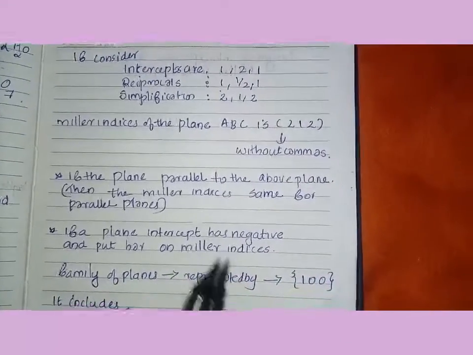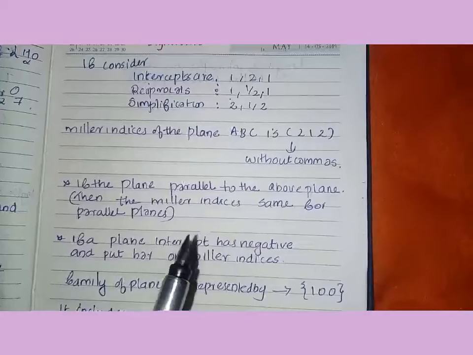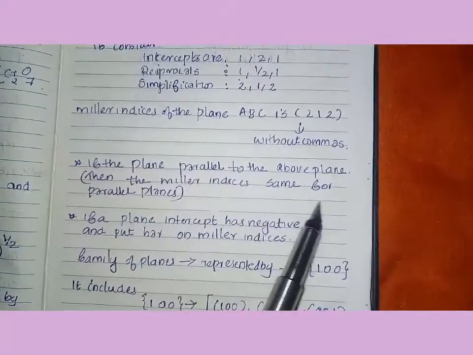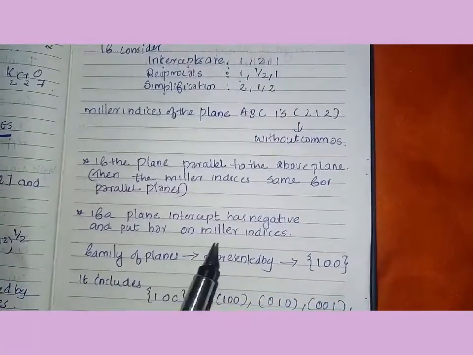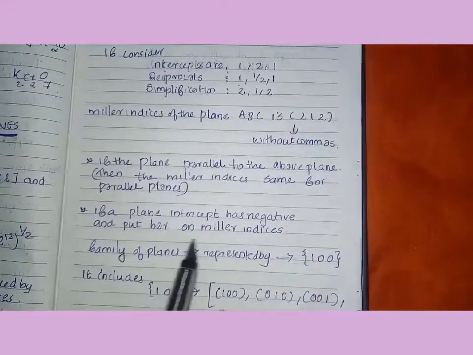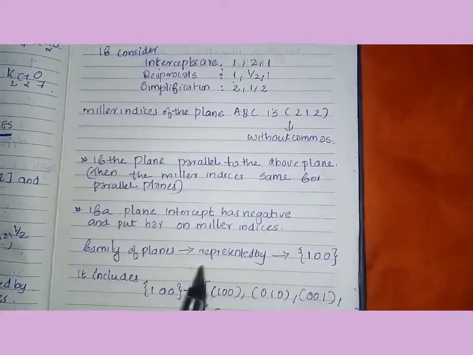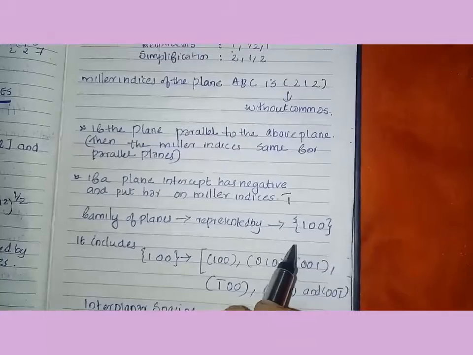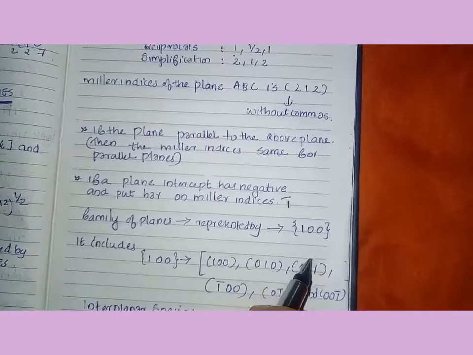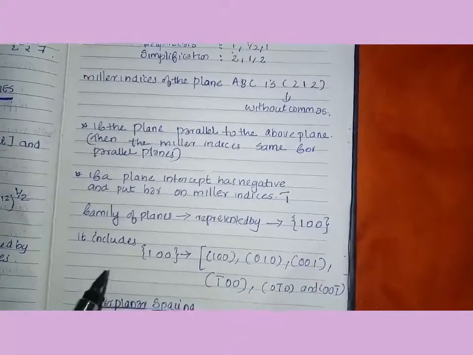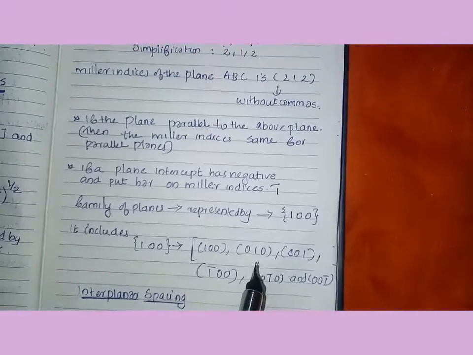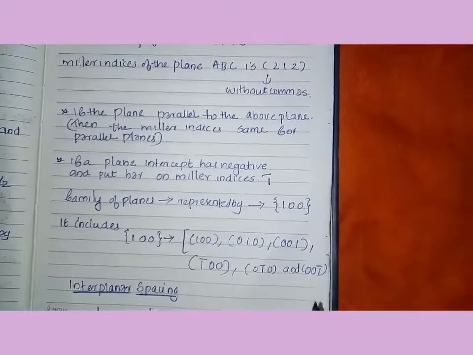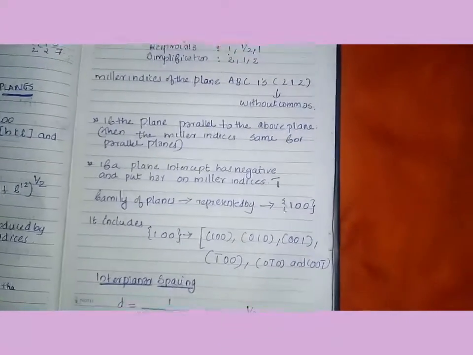The Miller indices of parallel planes are the same. If a plane intercept is negative, put a bar on the Miller index, like 1 bar. A family of planes is represented by braces, {100}, which includes (100), (010), (001), (1 bar 00), (01 bar 0), and (001 bar) planes.